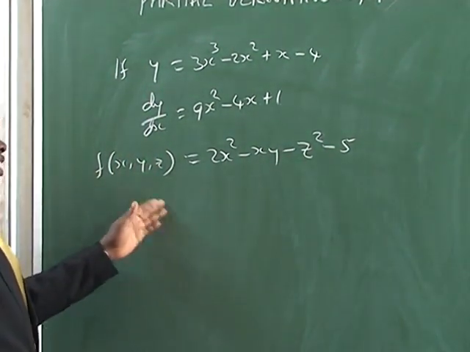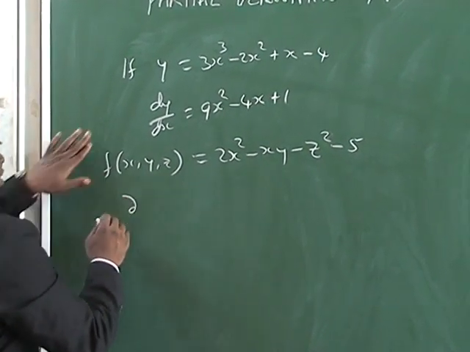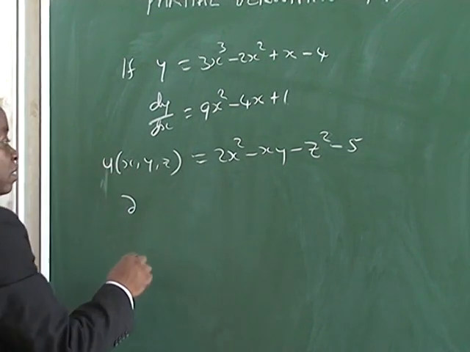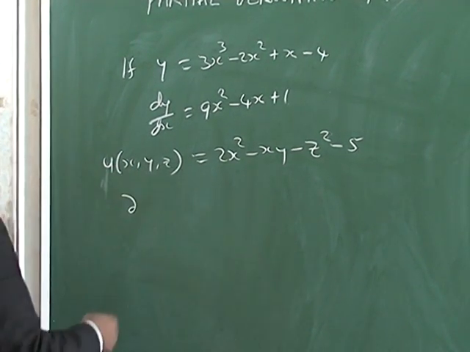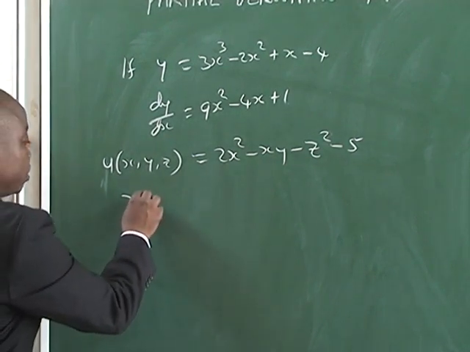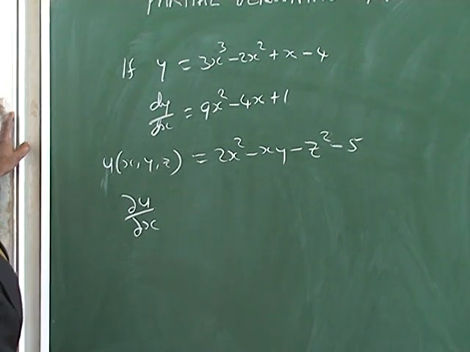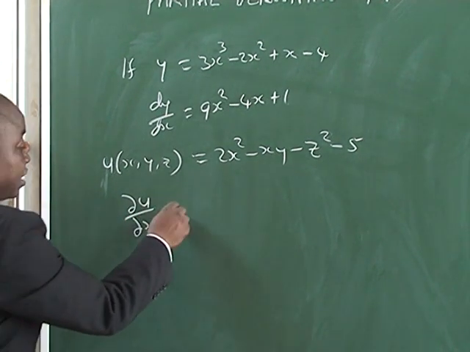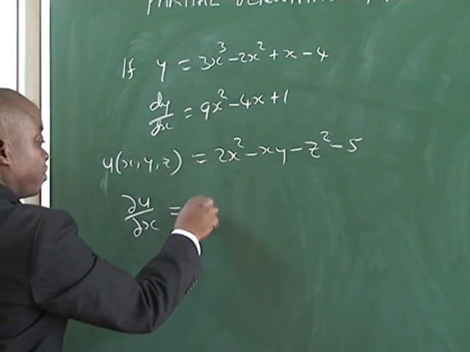So we want to find partial f. Okay, I think we're using u. u of this. So partial u partial x is equal, if you differentiate this, you have 4x.